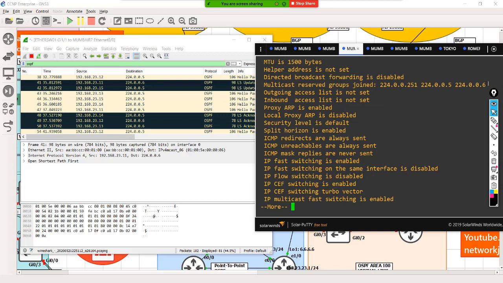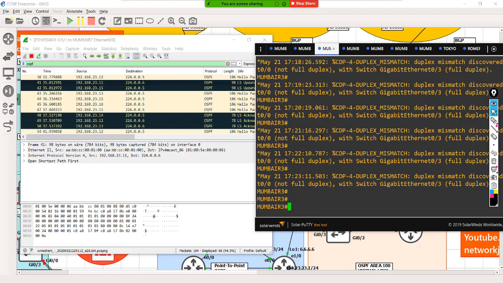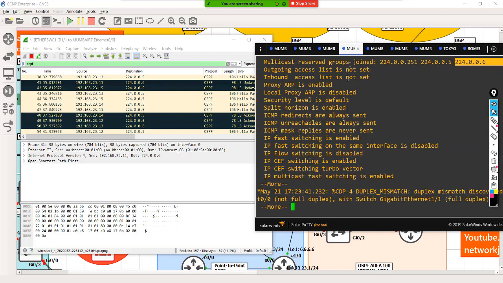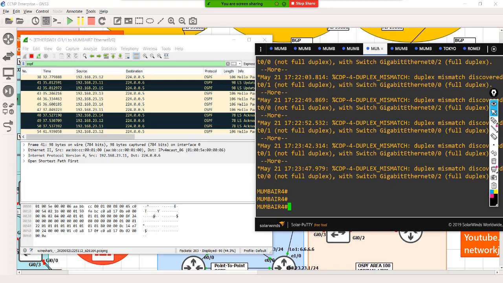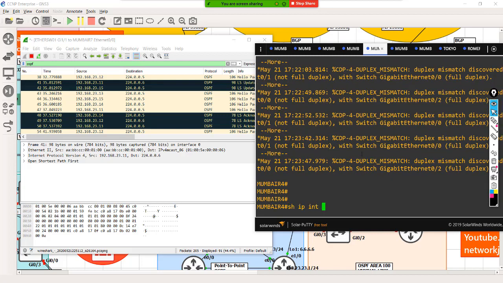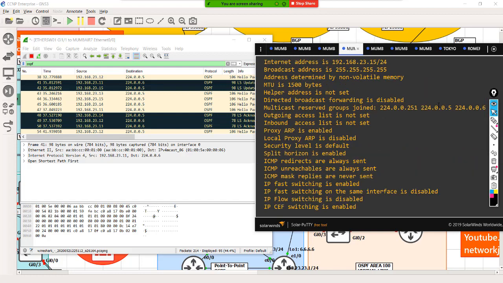If you see now, your DR is listening on an additional multicast address, that is 224.0.0.6. You can see the same thing on the BDR as well, that is Mumbai router 4, show ip interface E0/0. So this is your BDR, this is your DR.